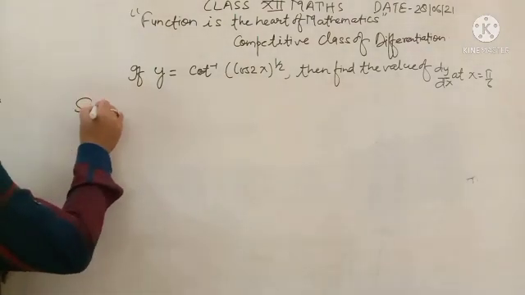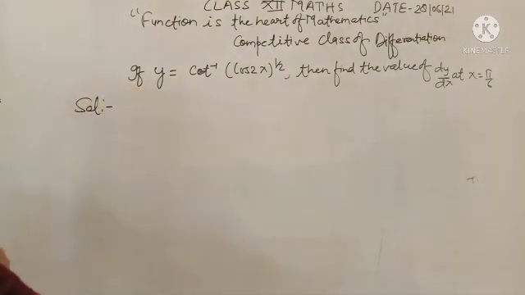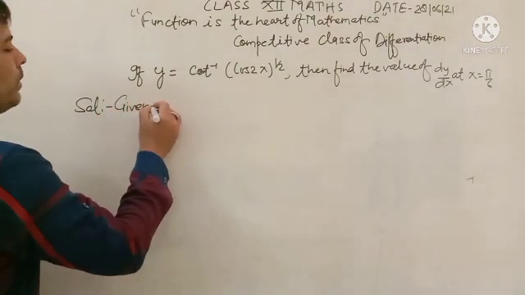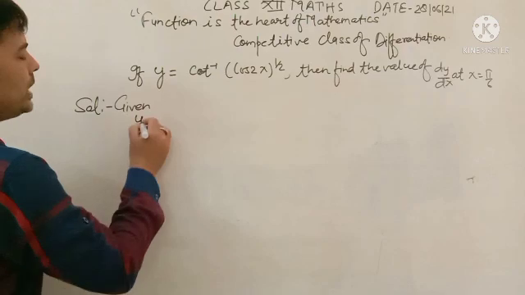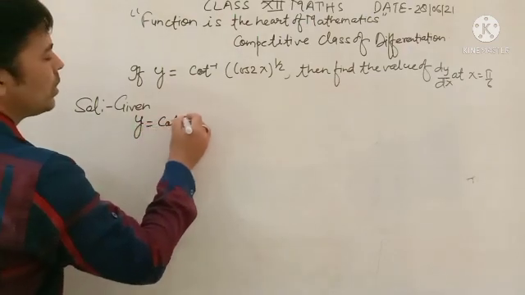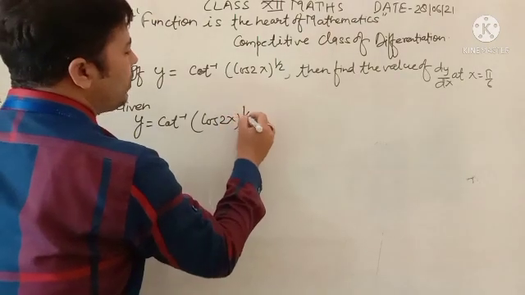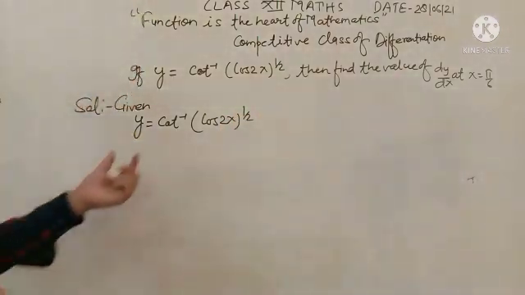So firstly, the solution of the question. Given y is equal to cot inverse of (cos 2x) to the power 1 by 2.